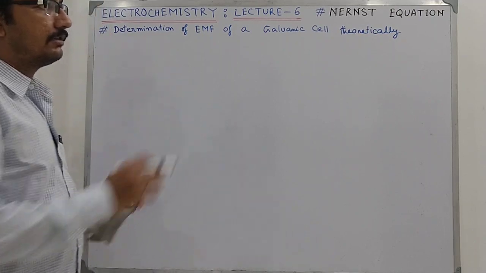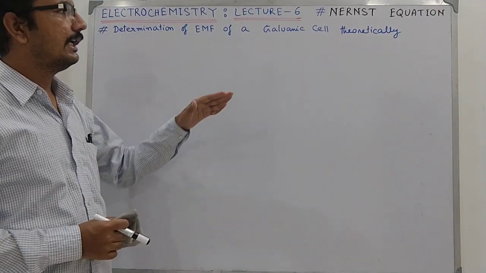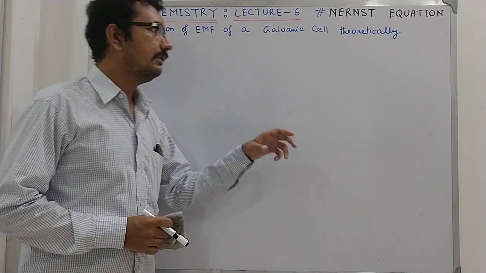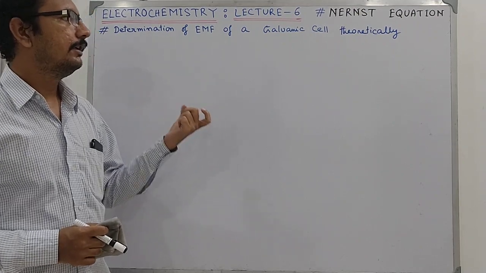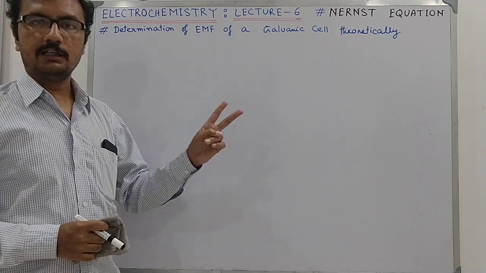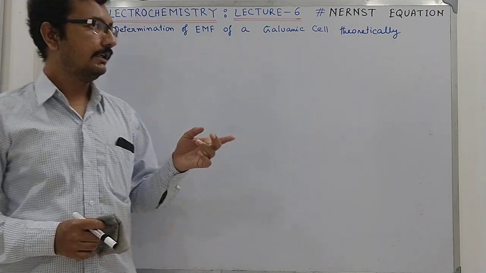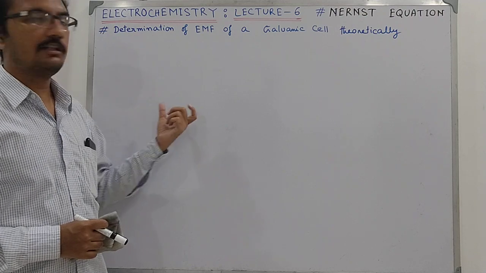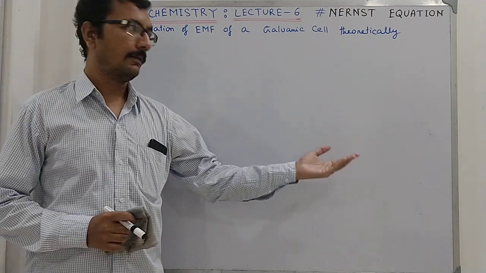Now, before going to the Nernst equation, you must know where this electrical energy is coming from. In the first lecture, you were informed that in an electrochemical cell there will be interconversion between chemical energy and electrical energy, and in a galvanic cell there will be conversion from chemical energy to electrical energy, and in an electrolytic cell the reverse will occur.